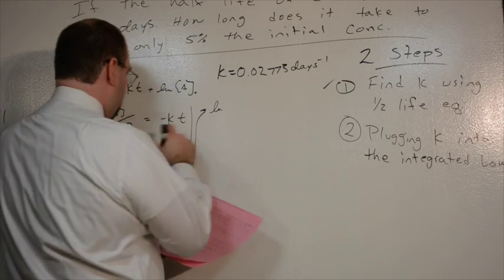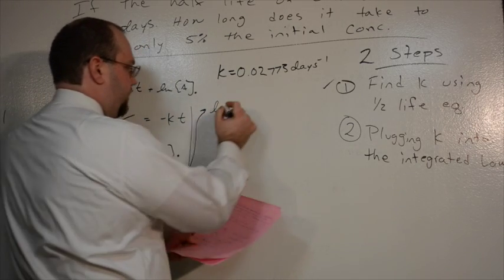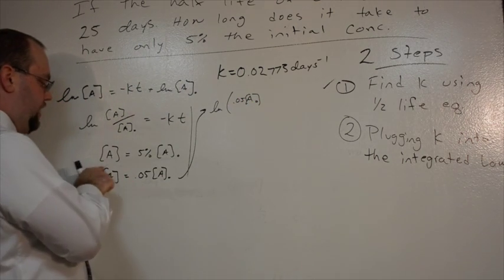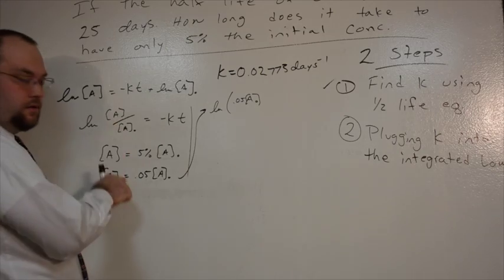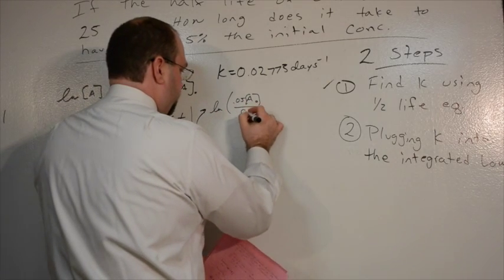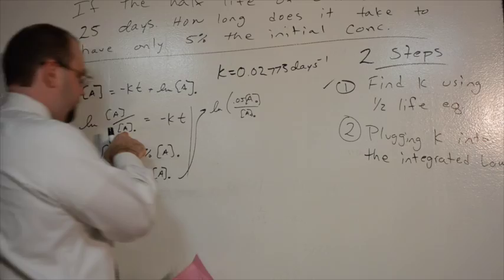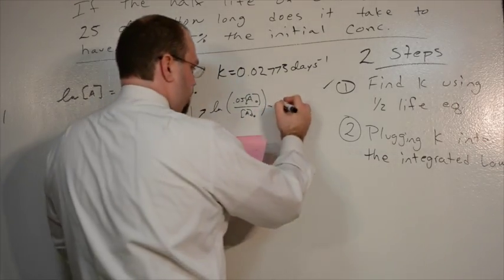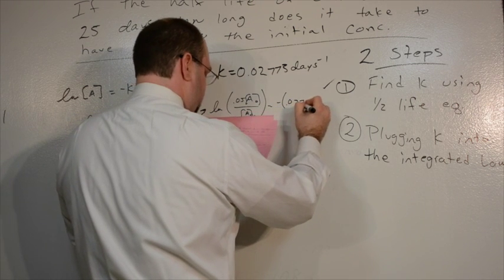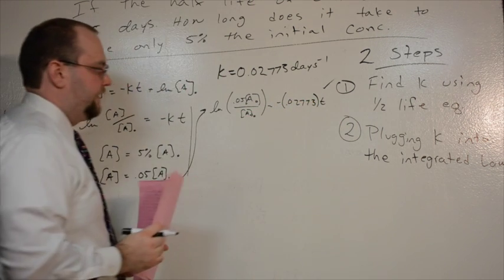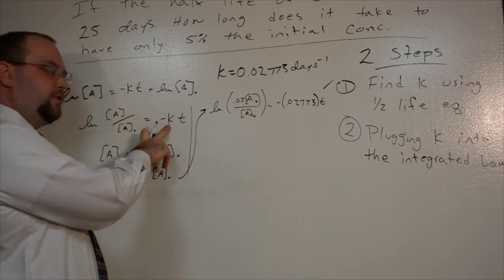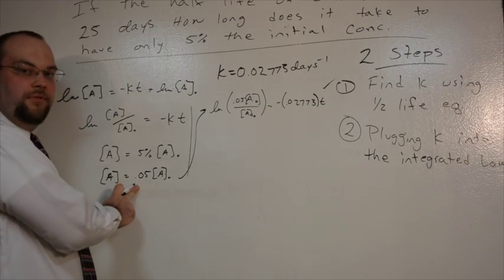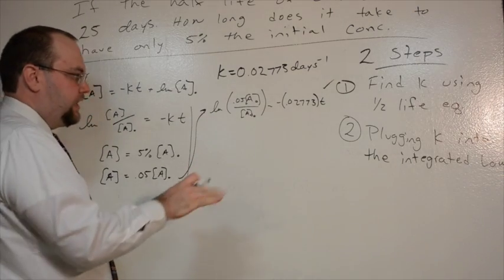So if I plug this into my value, I have ln of 0.05 A naught over A naught equals negative 0.02773 T. Okay, so all I did was take my K value and plug that in, and take my A value, which was from my problem, and plug that in.